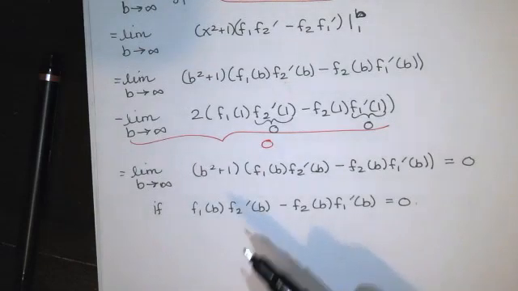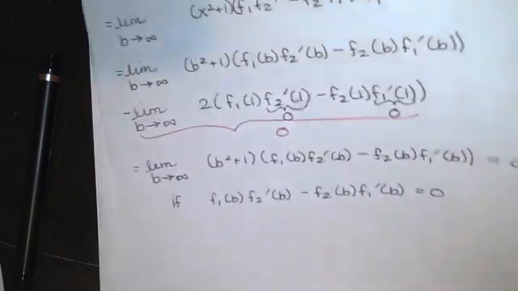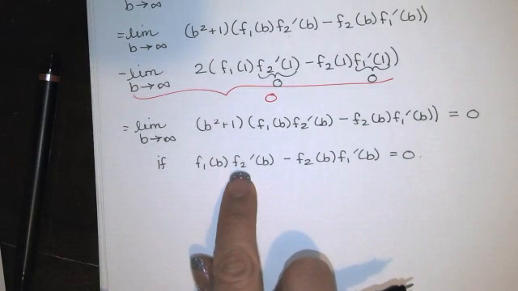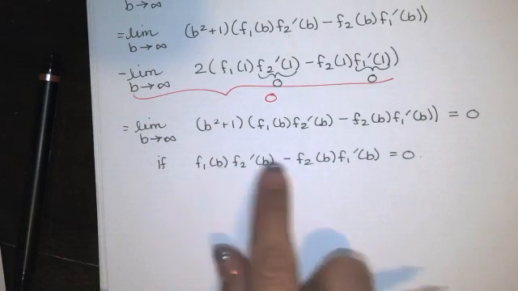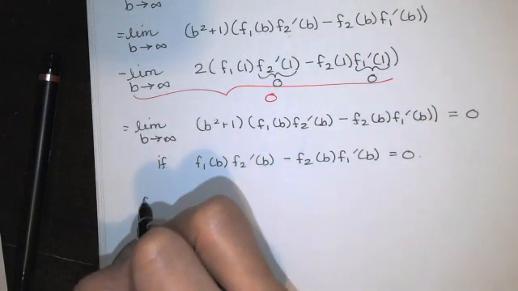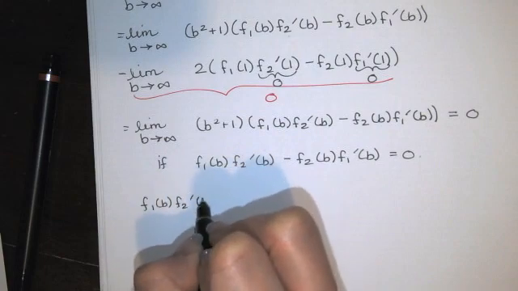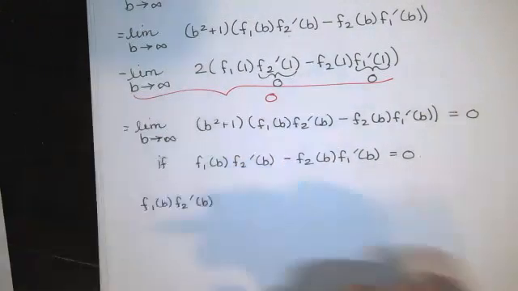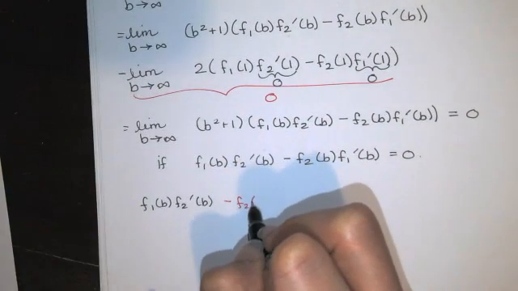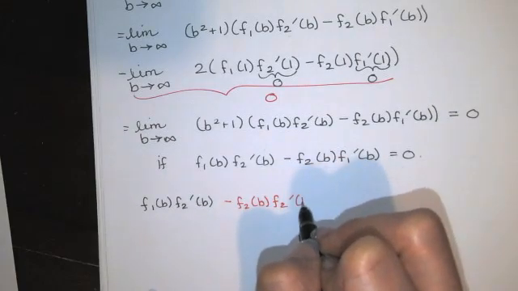Now, I think I can get that to happen if I add a well-chosen 0 here. Notice that I've got an f sub 2 prime multiplying f1 and an f sub 2 multiplying f sub 1 prime. So if I wanted to, I might just add and subtract f sub 2 at b multiplied by f sub 2 prime at b.